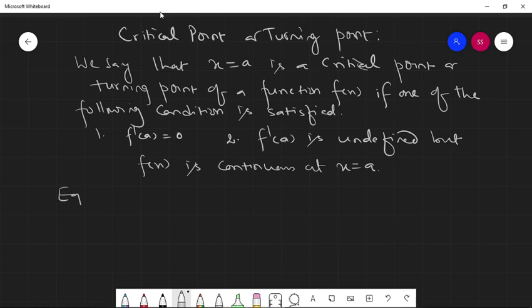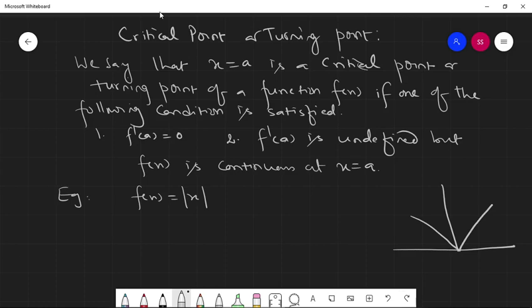For example, let's take f of x equal to mod x, and the graph of this function will be like this.